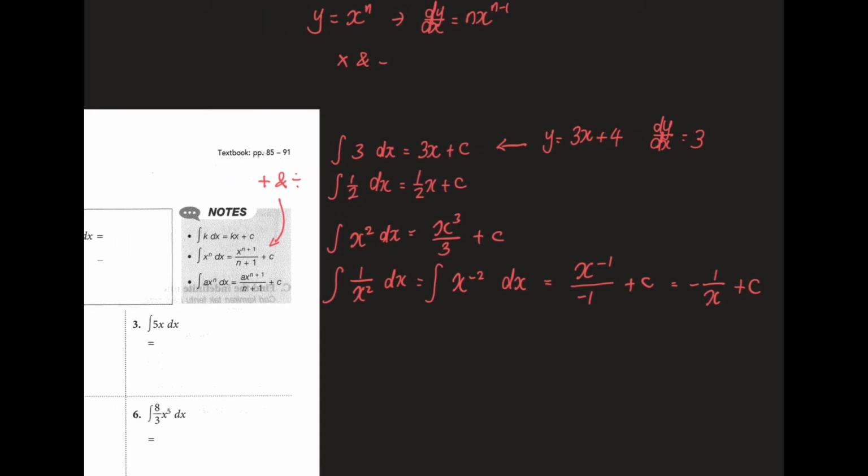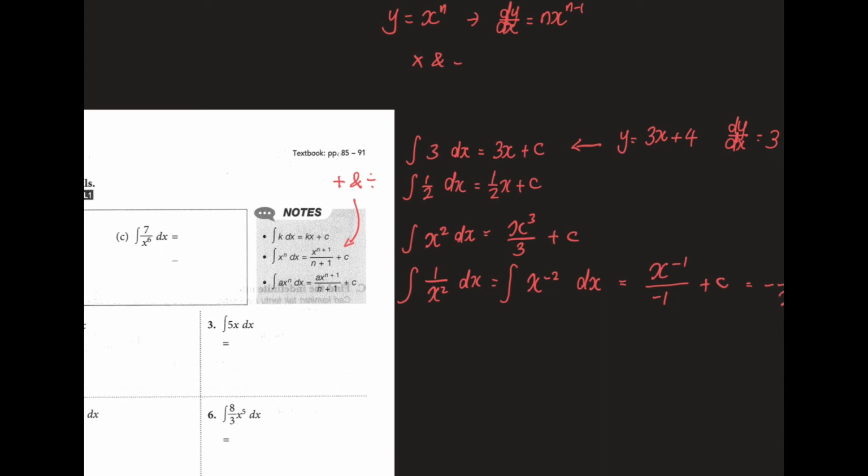Okay. One thing that you need to know here is this second formula is not applicable if n is minus 1. Cannot be minus 1. Imagine that if n is minus 1, minus 1 plus 1 at the denominator, we end up with 0.